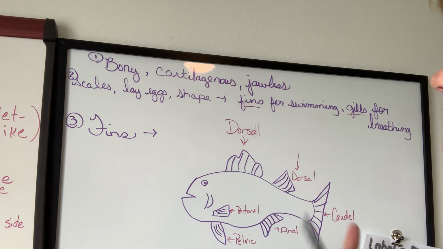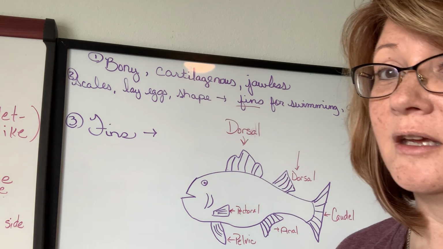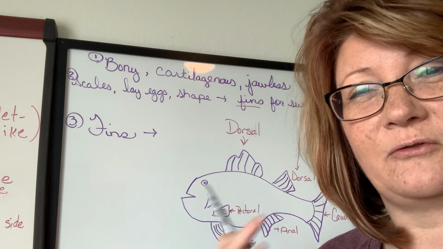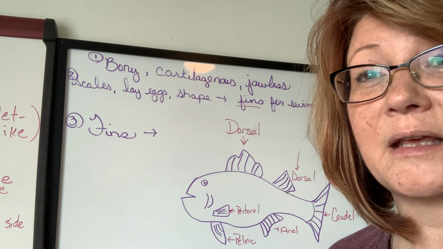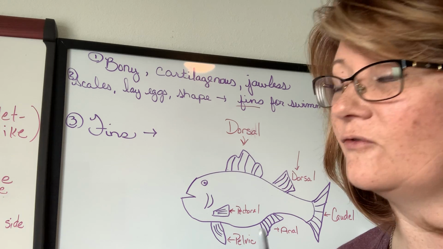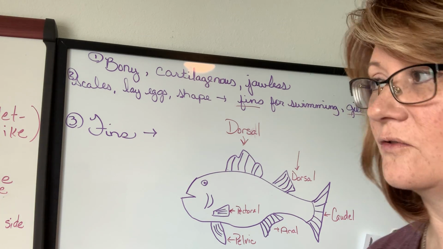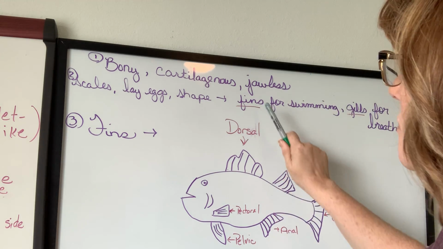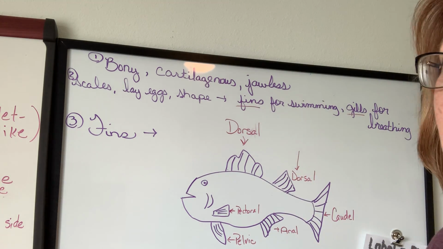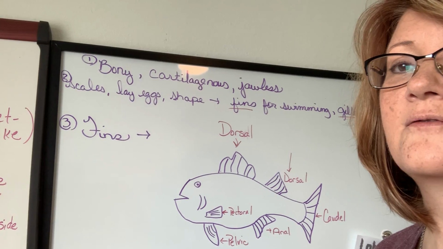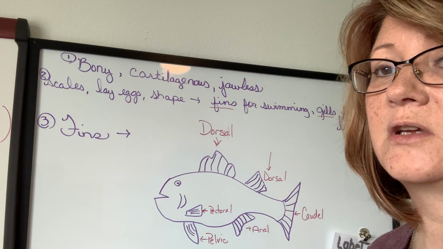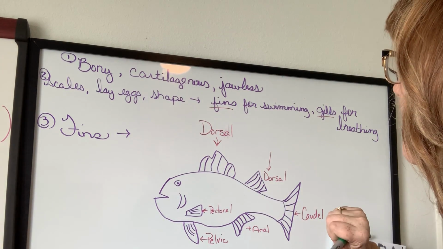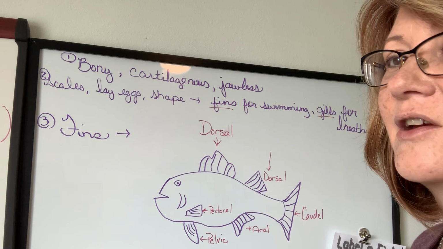Yes, they lay eggs, but so do turtles, and they have a definite shape, which we can all visualize in our head. But again, think of the seahorse. It has a very different shape, but it is also a fish. So we can't really rely on those characteristics to define what a fish is. A definite characteristic is that they have to have fins for swimming in order to be considered a fish. And we'll go over our fins in a minute.